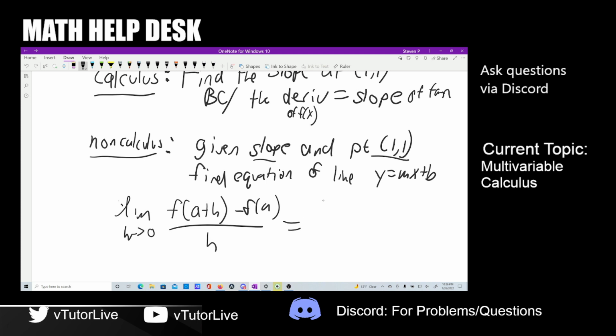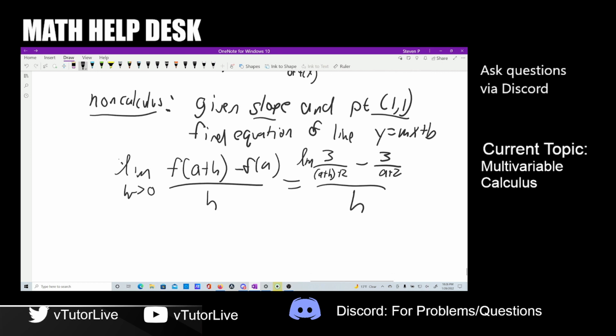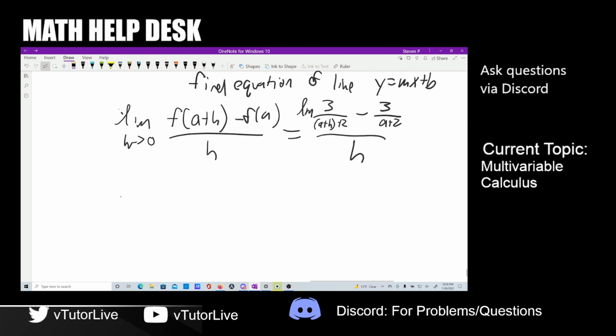That's 3 over a plus h plus 2, minus 3 over a plus 2, over h. Every single time I'm supposed to be writing the limit as h goes to 0, but I'm lazy and out of space.